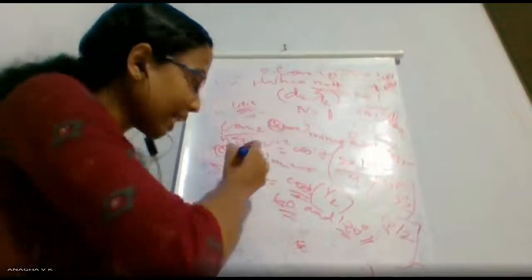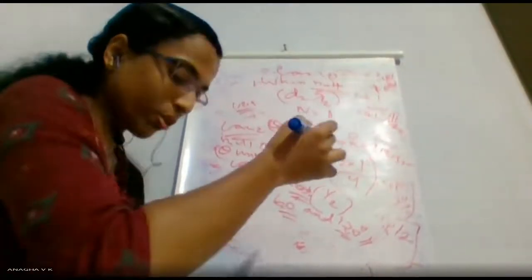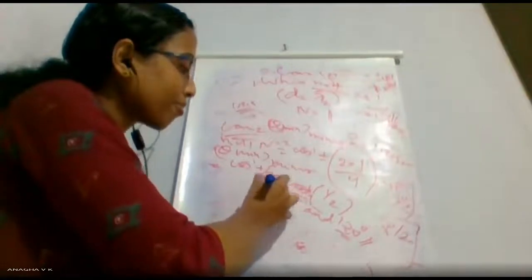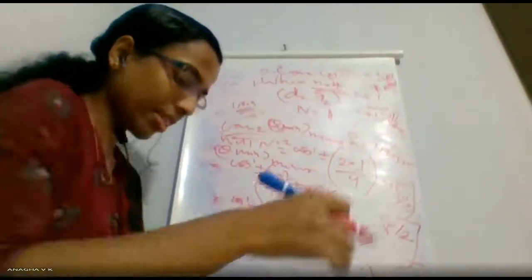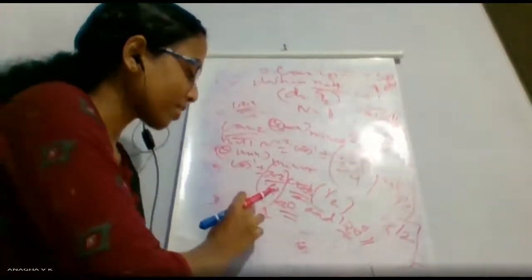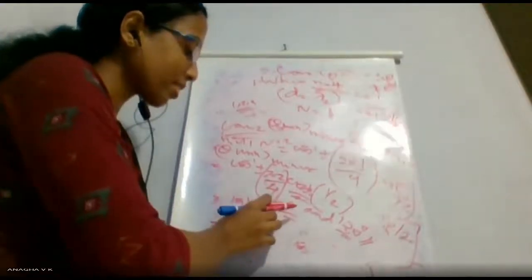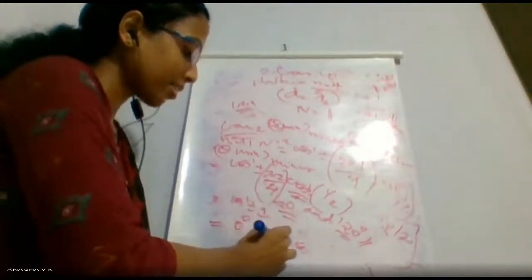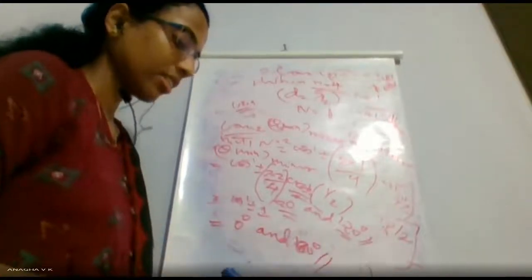So we get cos inverse of plus or minus 2 into 2 by 4, which means cos inverse of plus or minus 1. Cos 0 is 1, and cos 180 degrees is minus 1. So 0 and 180 degrees.